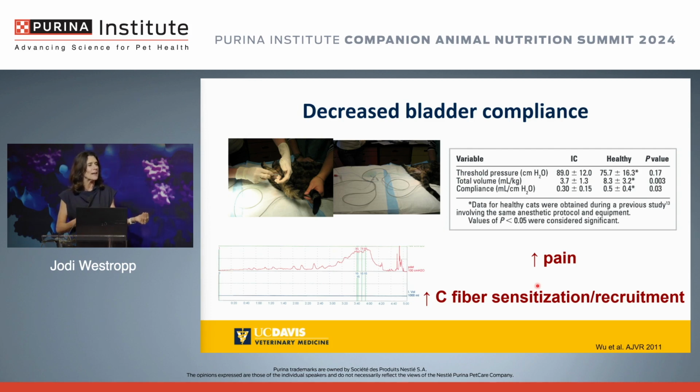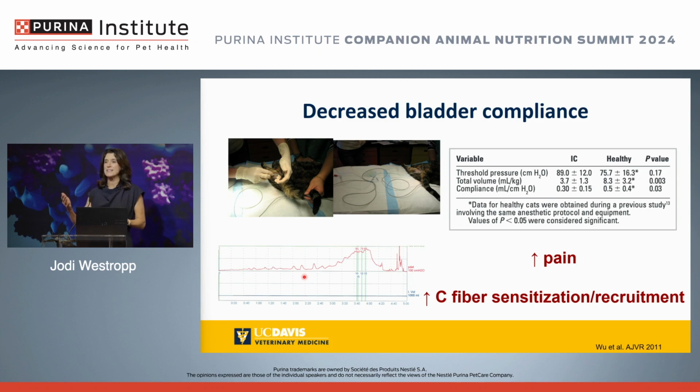And what we did is we anesthetized them, we inserted a urinary catheter, and then the cats were placed in lateral recumbency, and you slowly fill the bladder and you measure the pressure that results. And what we found is that the volume that we could instill was much less than a healthy cat at much higher pressure, suggesting too that their bladder compliance was a lot lower.